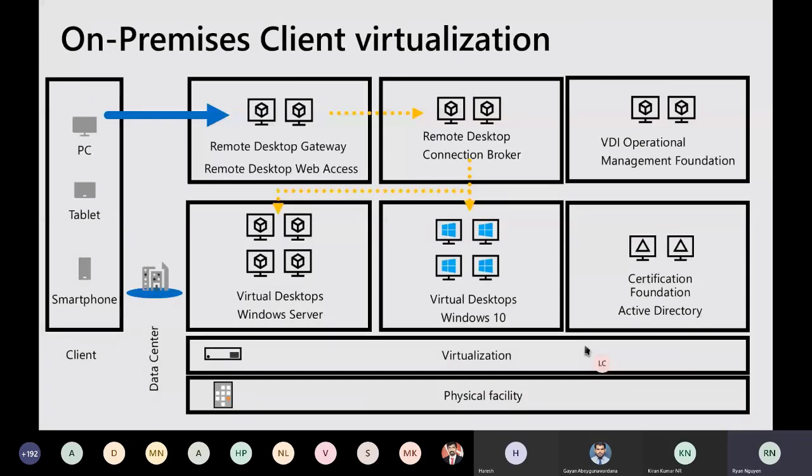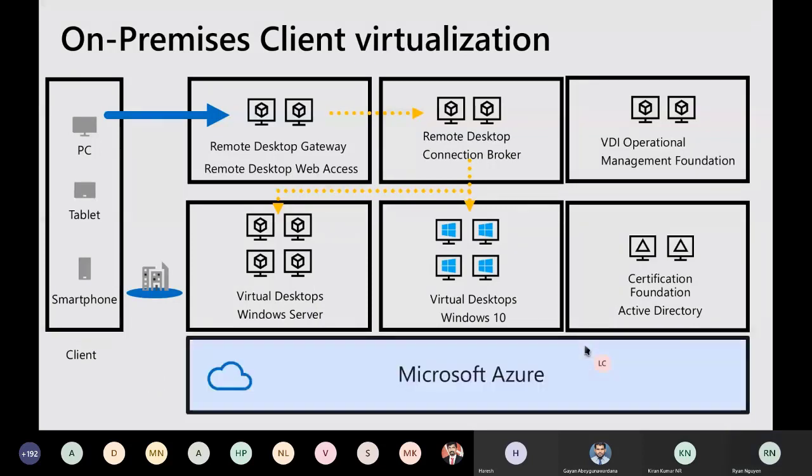And with the on-premise client virtualization, you will have the remote desktop gateway to maintain. You need to have the web access. You need to maintain a connection broker, some kind of operations management foundation, right? And that is hosted on the physical facility that you need to invest in. But right now, Azure takes care of your DC, right?